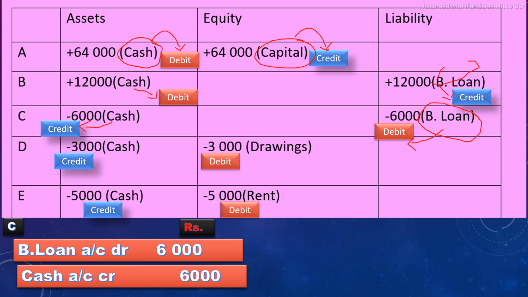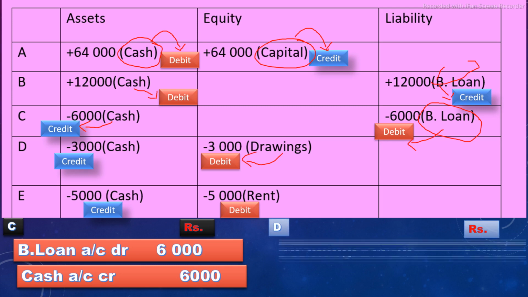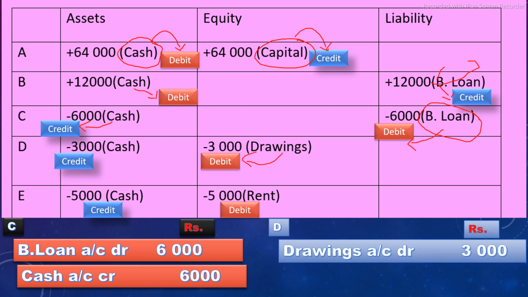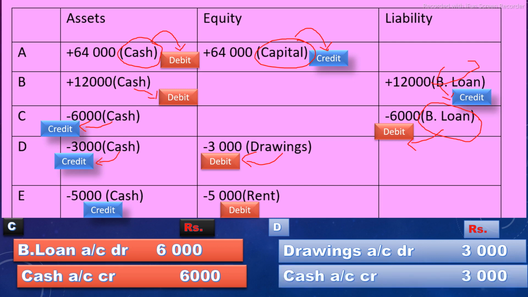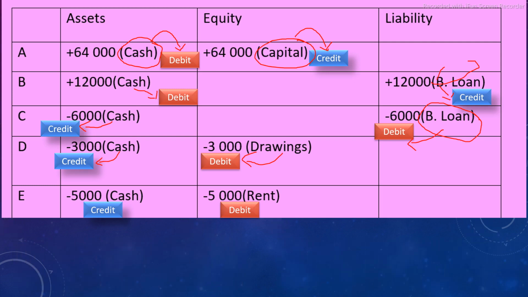In that way, if you come to D, you have drawings account debit first, then cash account credit. Last one, E. Cash credit, rent debit.